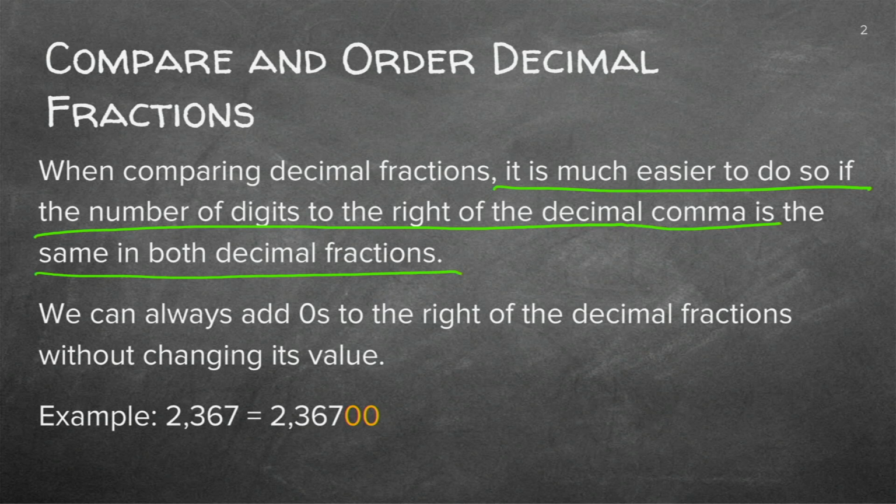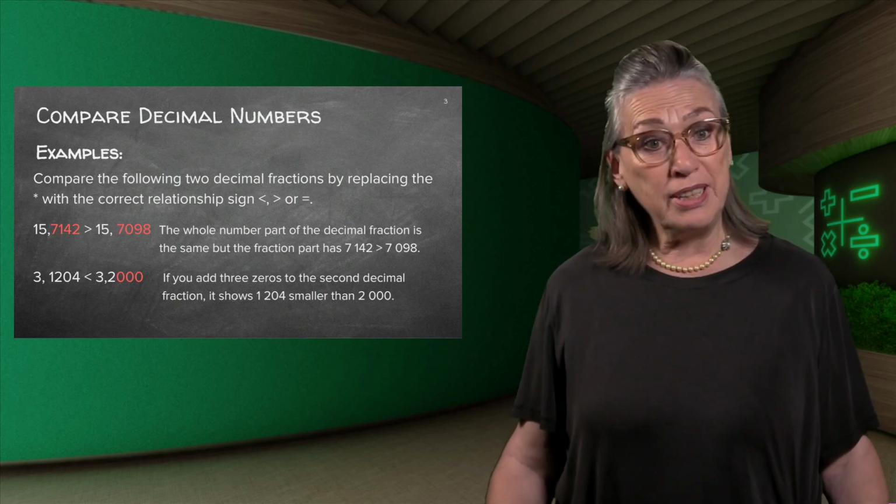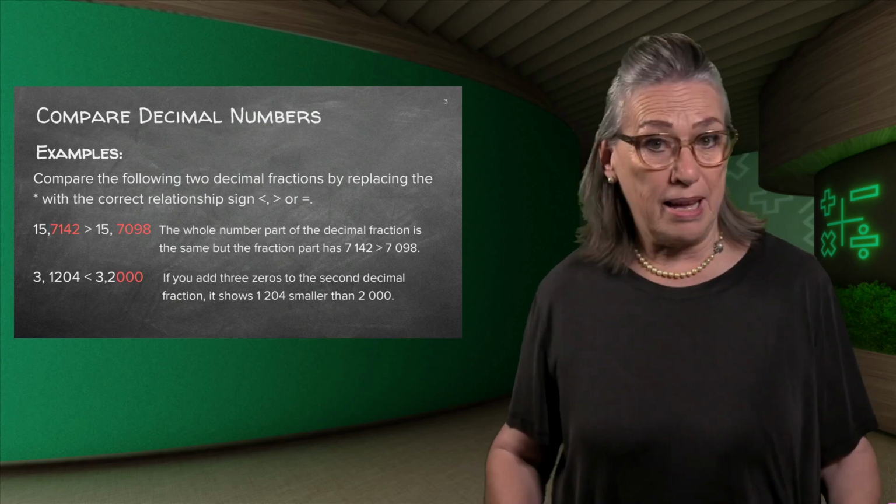So in order to do that, we can always add zeros to the right of the decimal fractions without changing the value of the decimal fraction. For example, we can say 2,367, and if we need to add digits, we can then just add 2 zeros, right? So the beautiful thing is also we can compare them then.